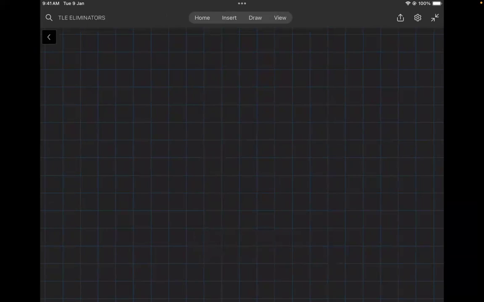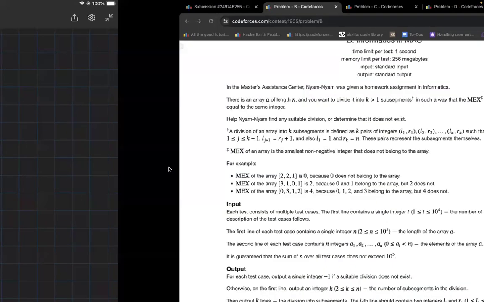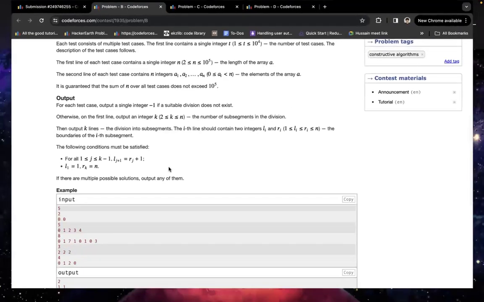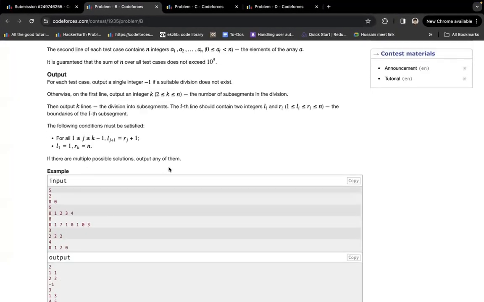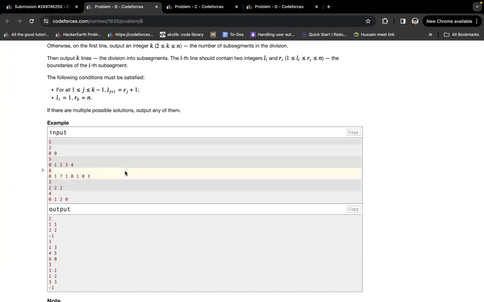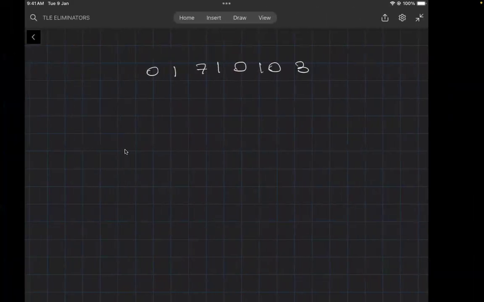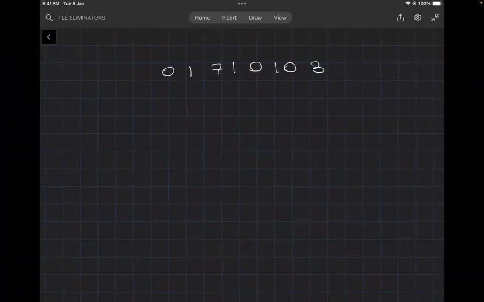We are given an array. Let's consider the third one. I think the third one is okay. So 0, 1, 7, 1, 0, 1, 0, 3. So we are given a particular array of size n, and what are we asked?